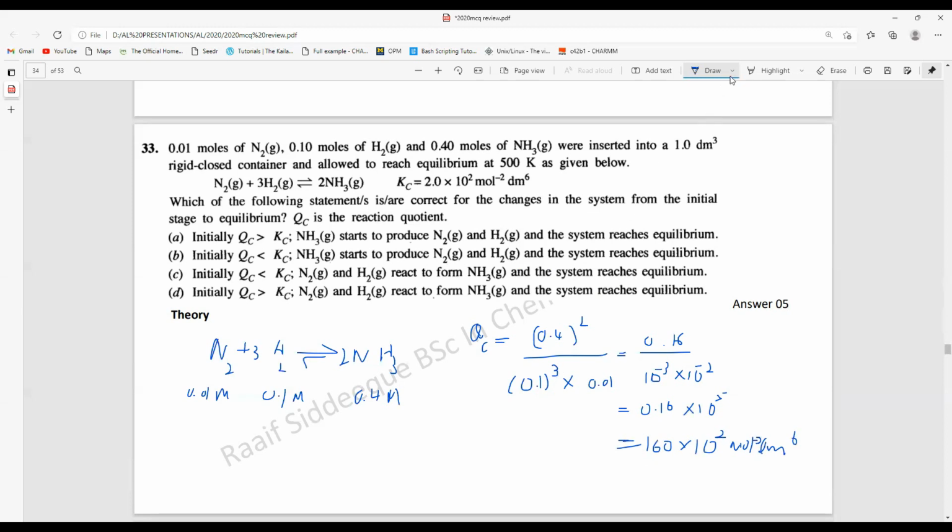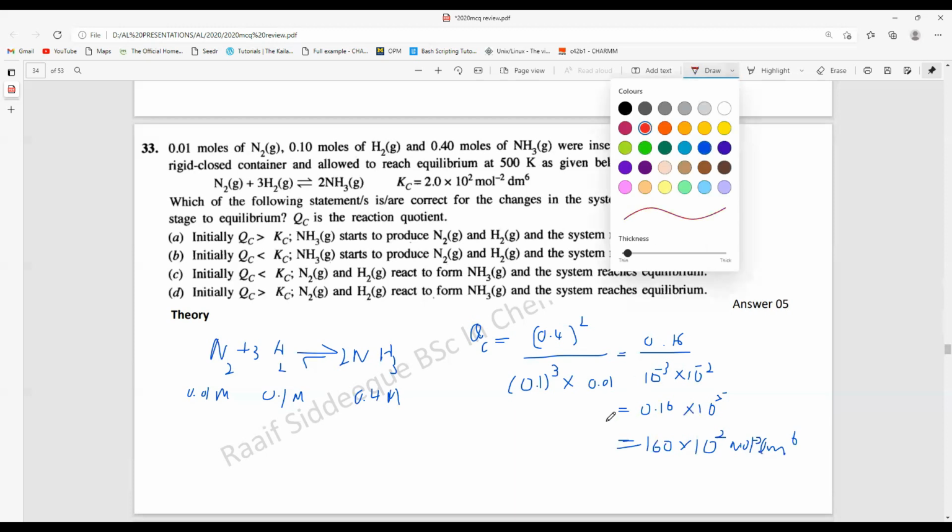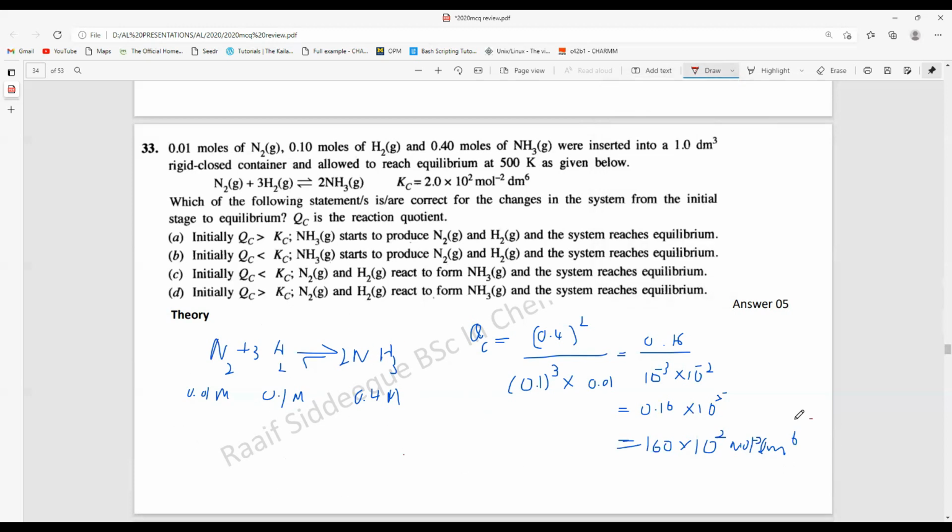So you see my initial Q value, the reaction quotient when the reaction starts, is around 160.